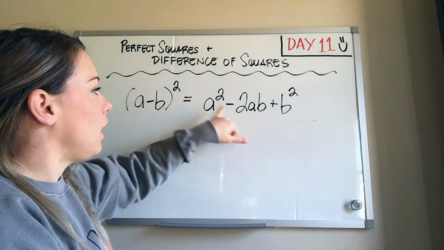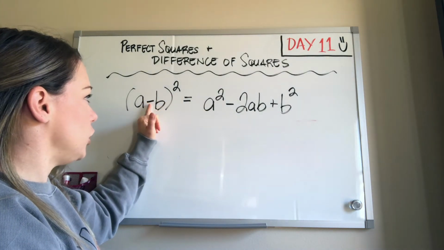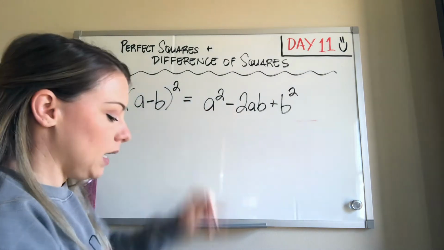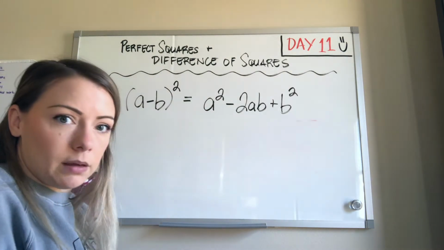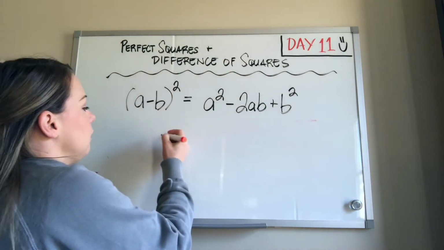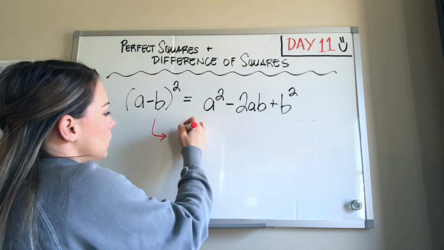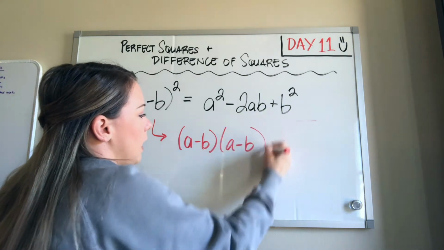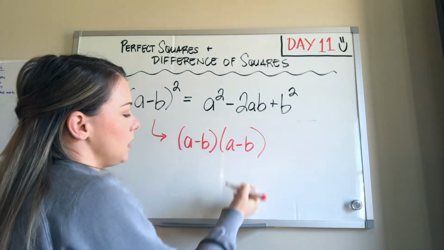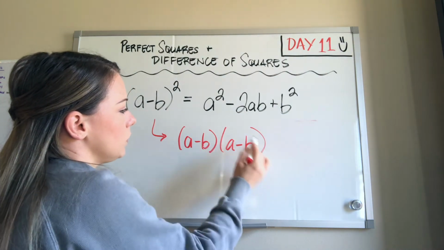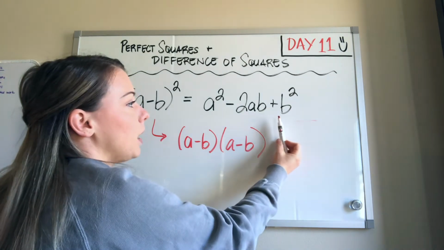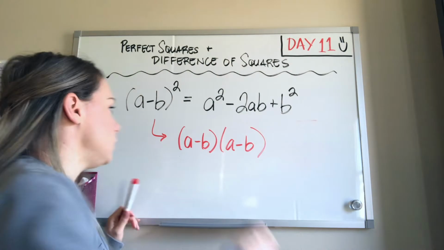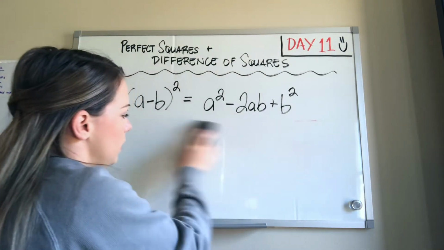Now notice how when this addition changed to subtraction, my middle term also changed to a negative, because if I were to take this binomial and square it, I would have (a minus b) times (a minus b), which would still create a positive b squared, but a negative plus a negative continues to give you another negative.